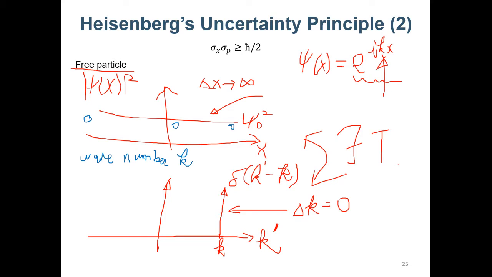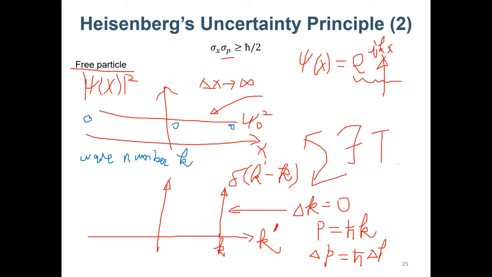So actually you want to know p. So what is p? p is h bar k. So delta p will be h bar delta k.